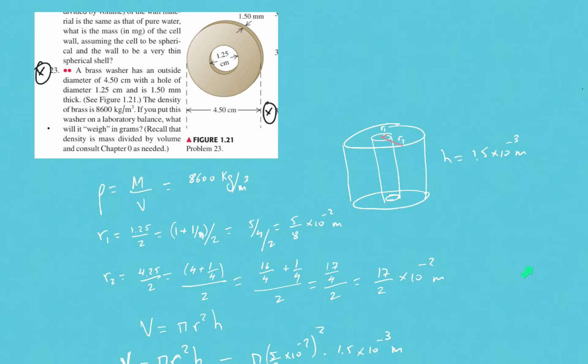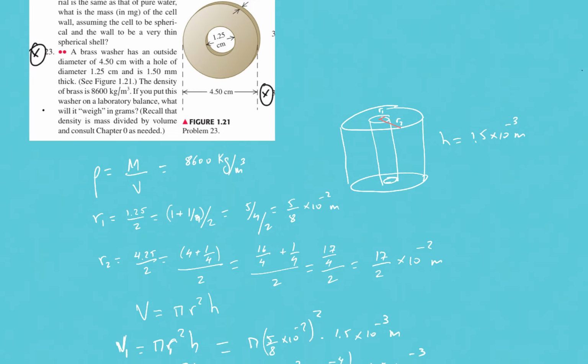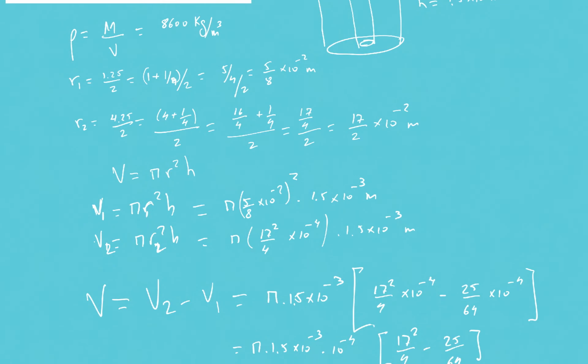So instead of calculating the total volume, we need to calculate the volume of the exterior object, the big one, the one that has the radius r2. So it will be pi by r2 squared by h. And we also calculate the volume of the small cylinder inside.